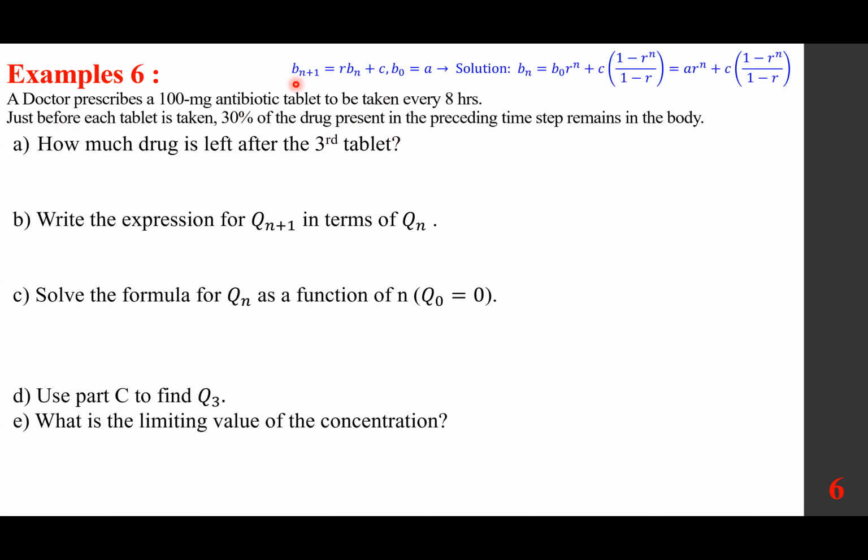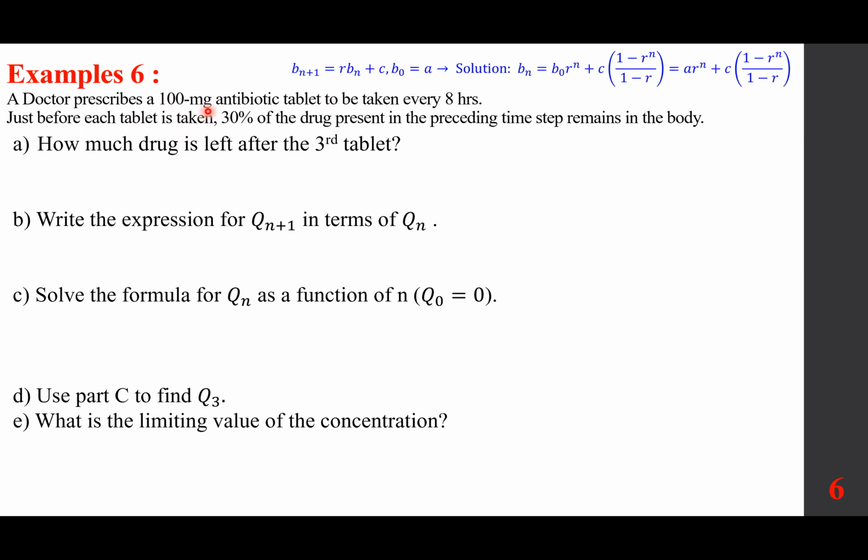So first of all, for B sub n plus 1, we're going to change this to Q sub n plus 1 for part B. And because of that, I want to write the given here with Q. So B sub 0 or A is going to be Q sub 0 or A, which is 0. It's always 0 unless somehow they mention it here. What is the constant? 100 milligrams.